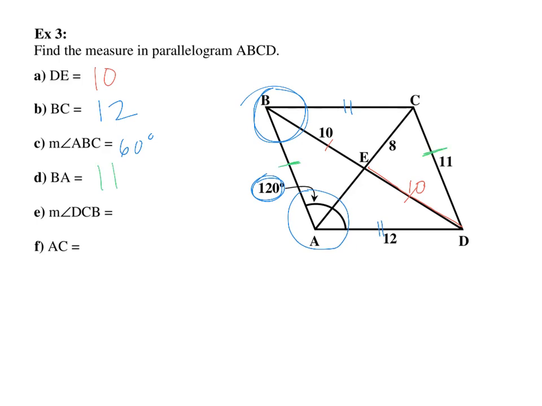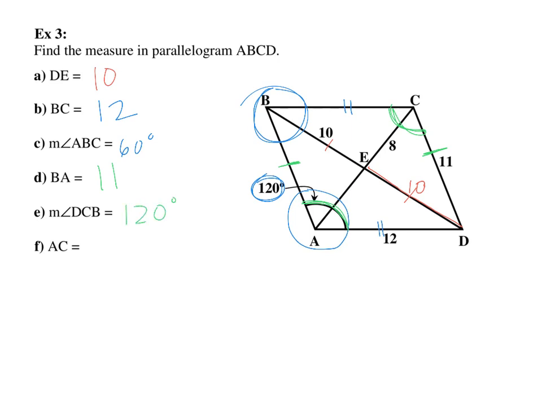And then I have DCB, sorry. DCB, all right, I know that these angles here are the same. Opposite angles are congruent, so that's going to measure 120 degrees.